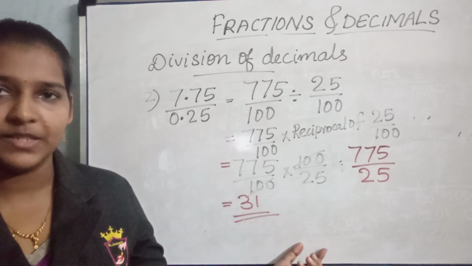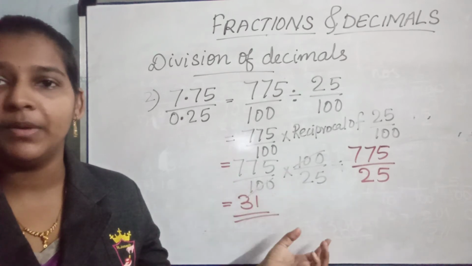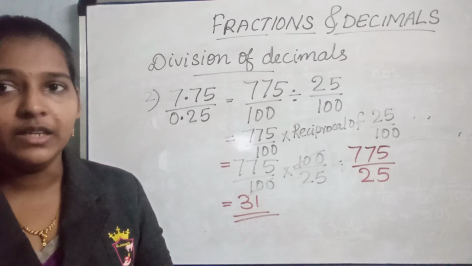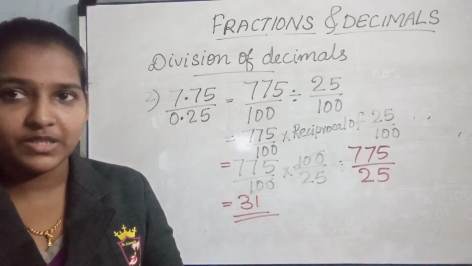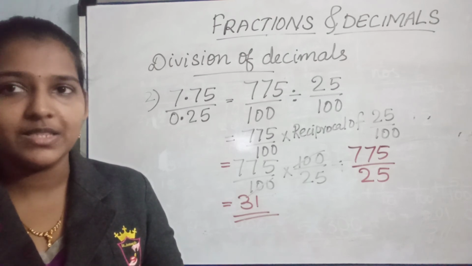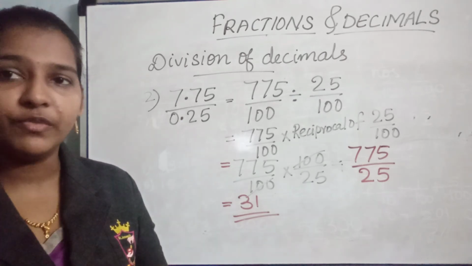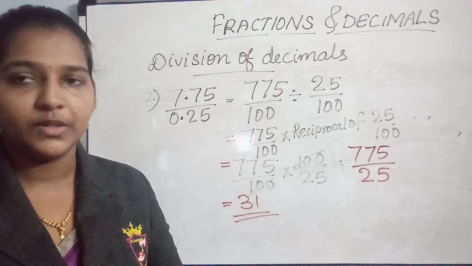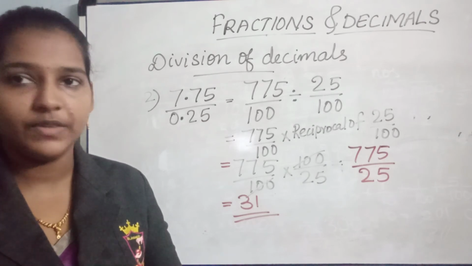Division of decimals, one thing you remember, when you are multiplying a decimal number by 10, 100 or 1000, according to the number of zeros in the multiplier, you can shift the point to the right of the number to get the answer. Always remember that.